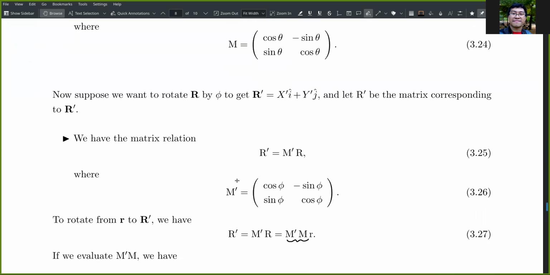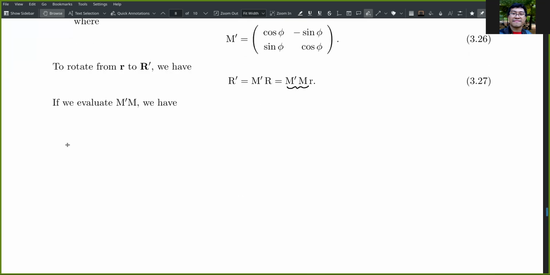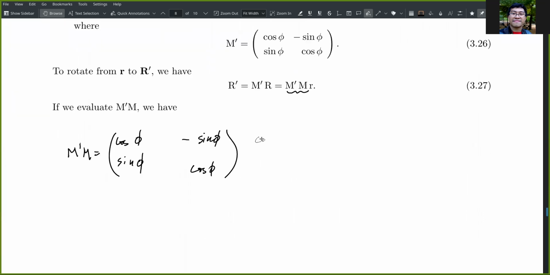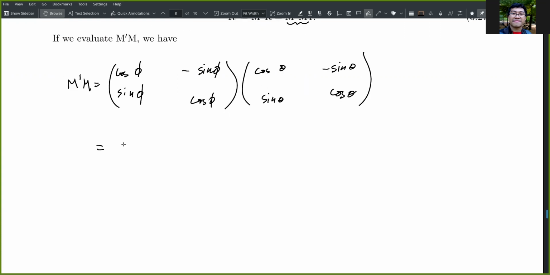If we evaluate M prime M, M prime is cosine phi, sine phi, negative sine phi, cosine phi. M would be almost the same form, but with phi replaced by theta: cosine theta, sine theta, negative sine theta, cosine theta. Multiply using matrix multiplication. This would be cosine phi cosine theta minus sine phi sine theta.